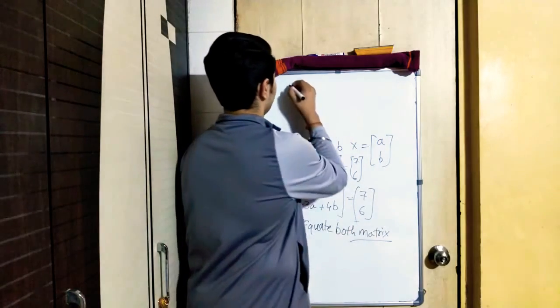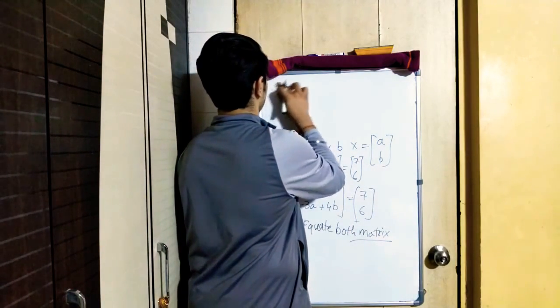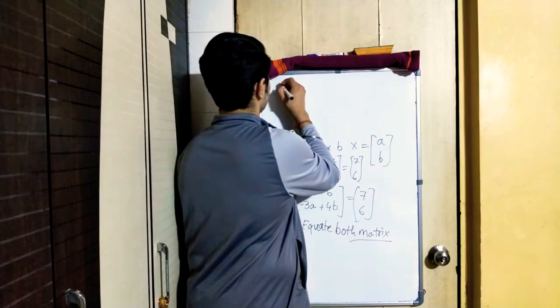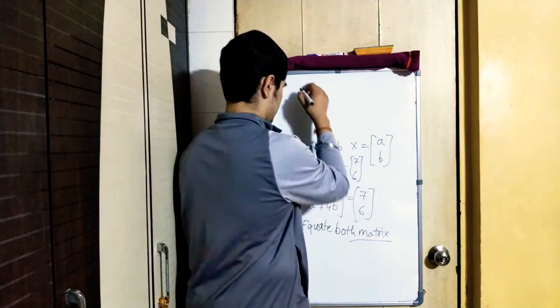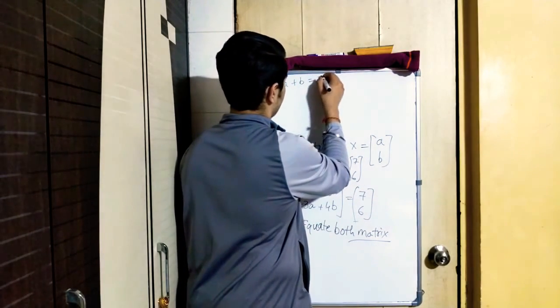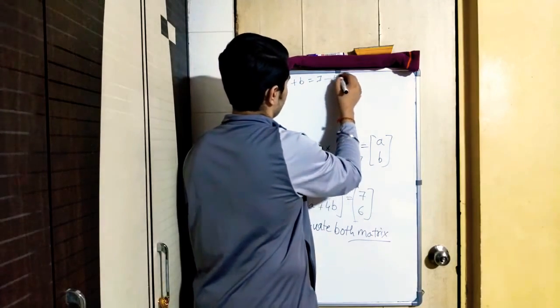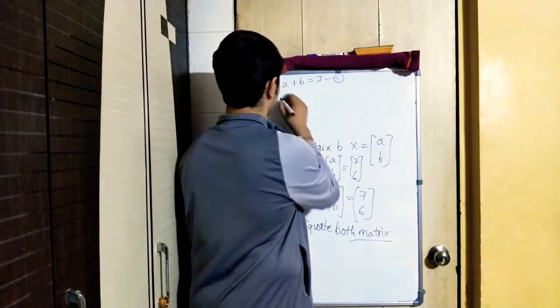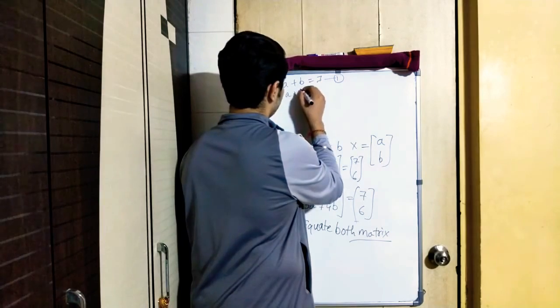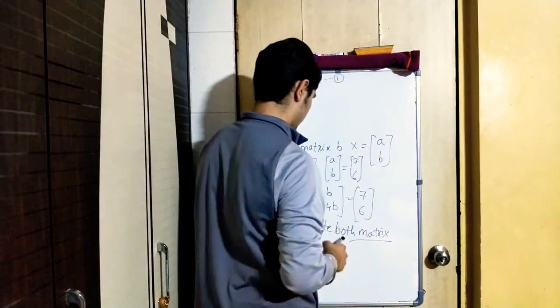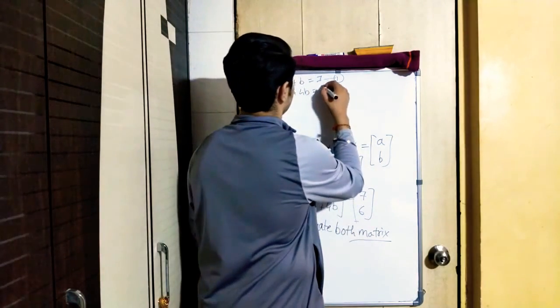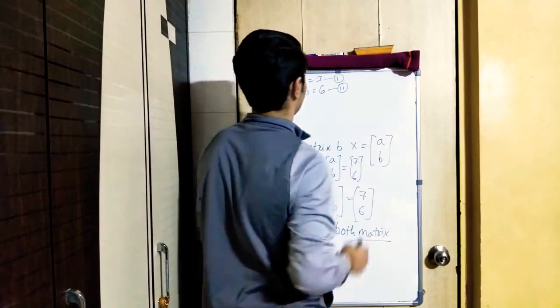So after equating, we get two equations. First one is 2A plus B is equals to 7. This is the first equation. And second is minus 3A plus 4B is equals to 6. This is the second equation.